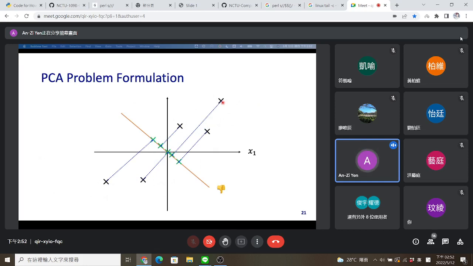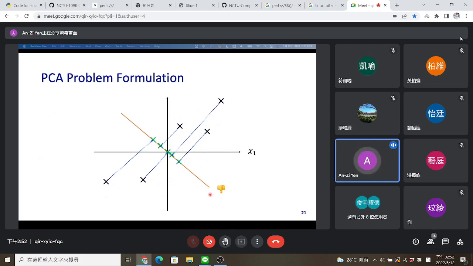In contrast to the red line in the previous slide, here is a different line onto which we could project our data. We can see this line is much worse than the line in the previous slide, right?